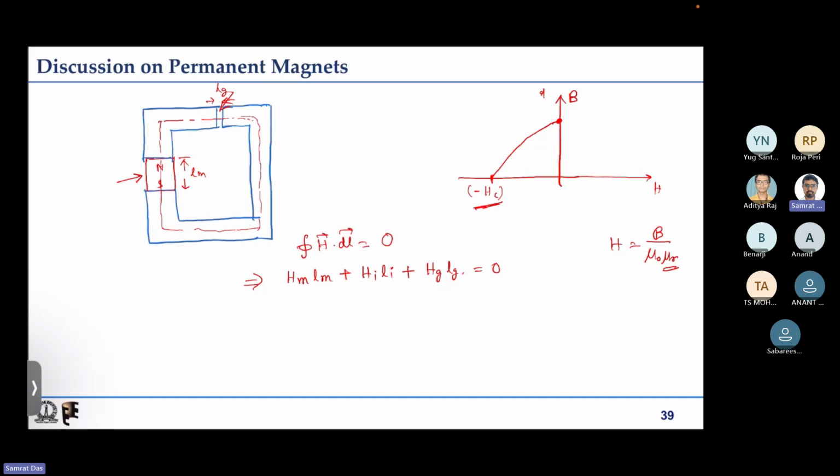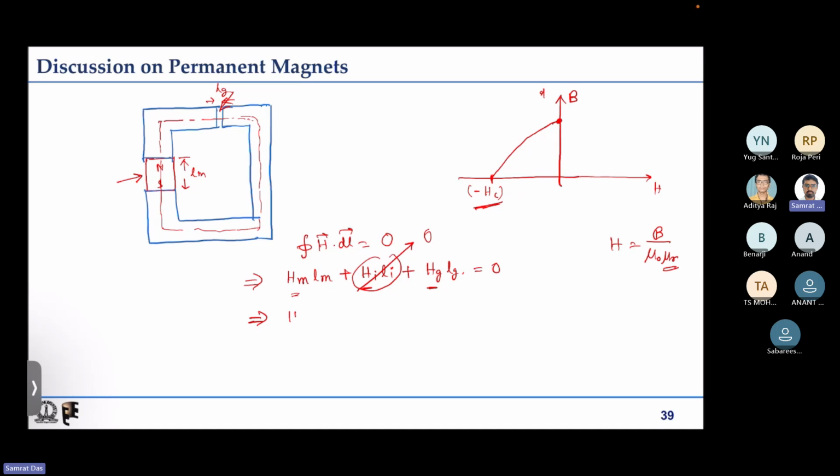It can be 1.03 to 1.05, something in that range. So if we assume the same flux density everywhere, then for the same B, the H value in the iron will be very low compared to the H values in the magnet and the air gap. So the second term can safely be ignored.